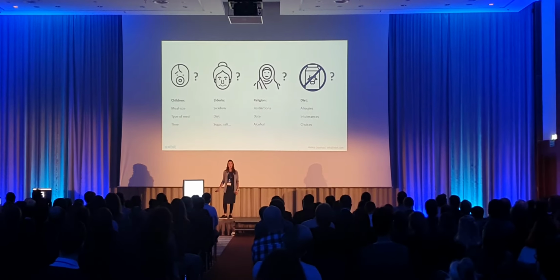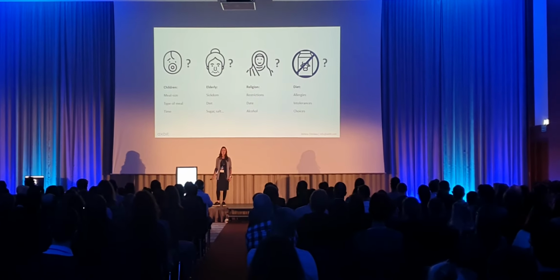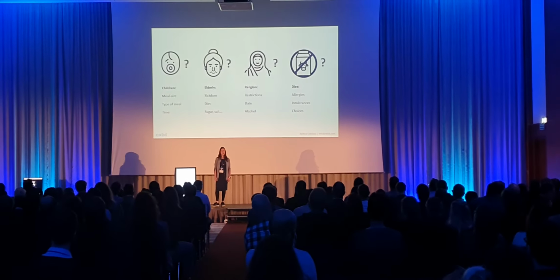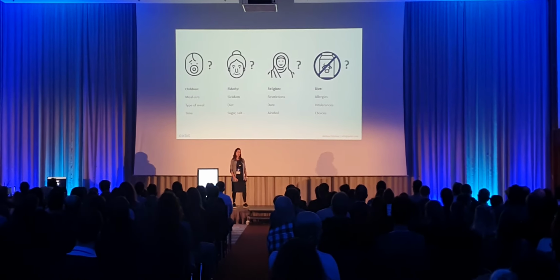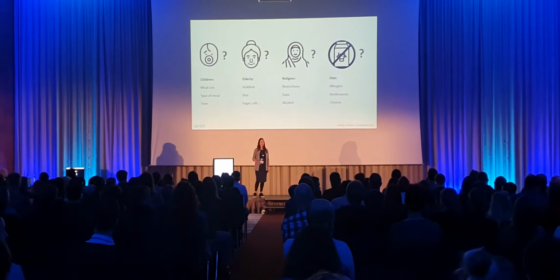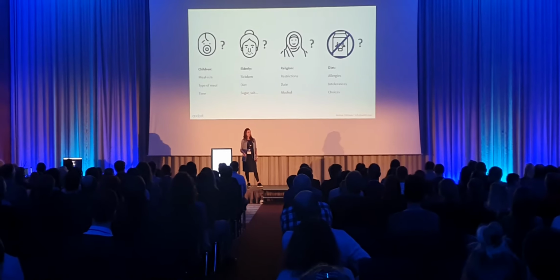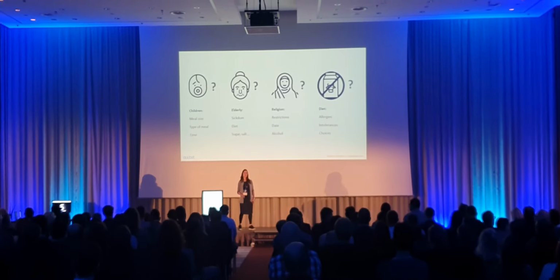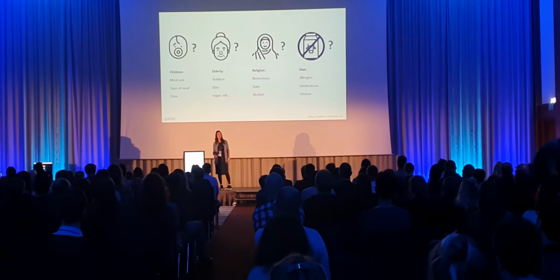It also works the same way if it's elderly. Older people may have some sickness. You may have some considerations about salt and sugar and accommodate for that. Or what about religion? If you invite people from different religions, you might be thinking about restrictions as well. Is there anything they don't want to eat? Is there any date that is important to them?